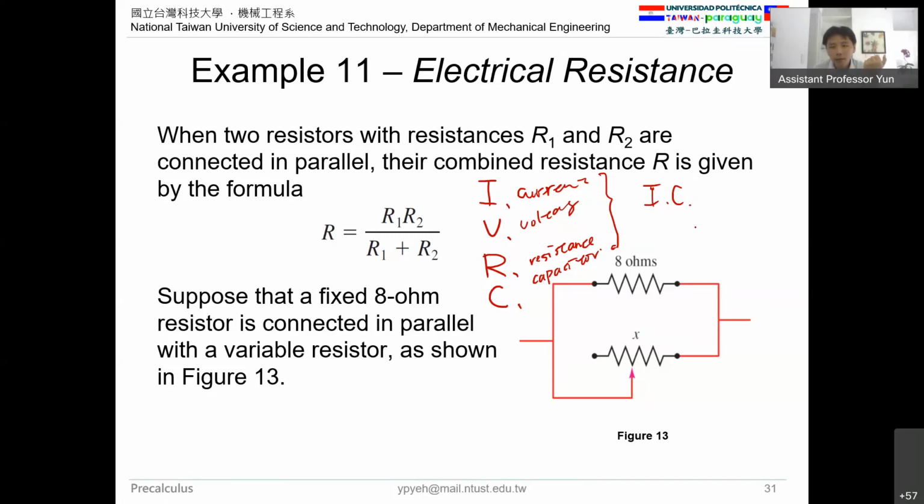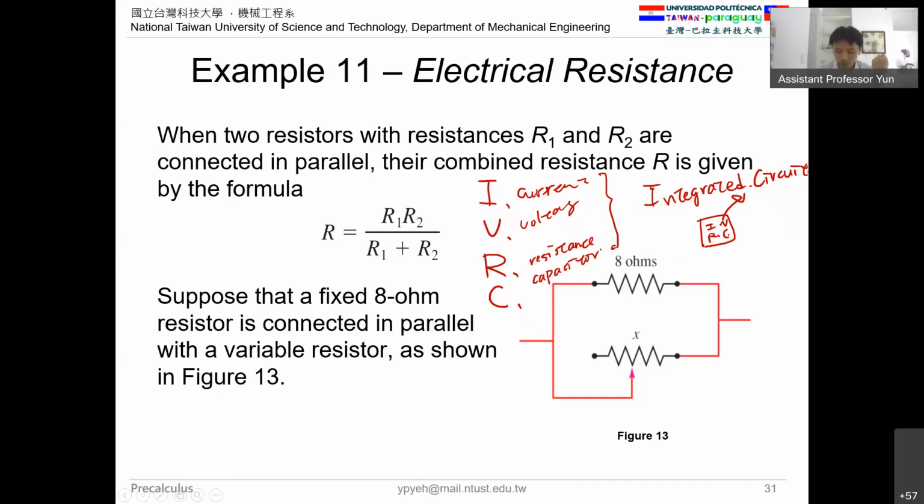So inside this IC, or integrated circuit, there are many I, V, R, C components combined together to do the computer calculations.